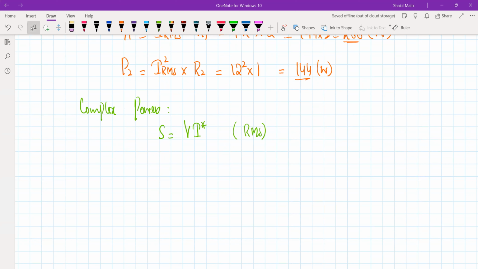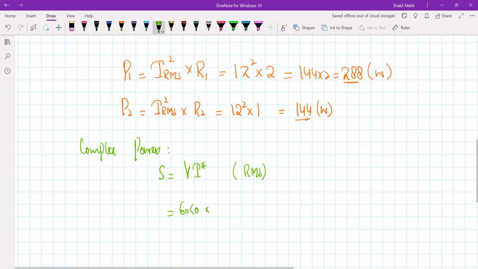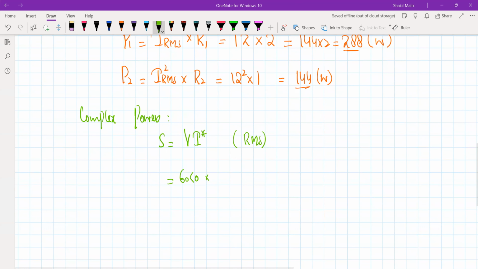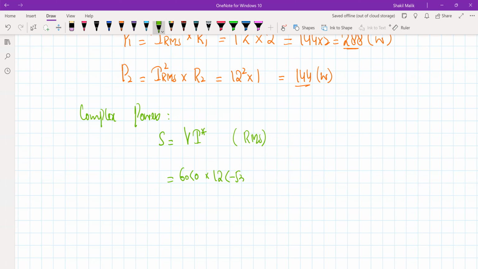V is simply 60 at an angle of 0, and I is 12 at an angle of minus 53.13 degrees.